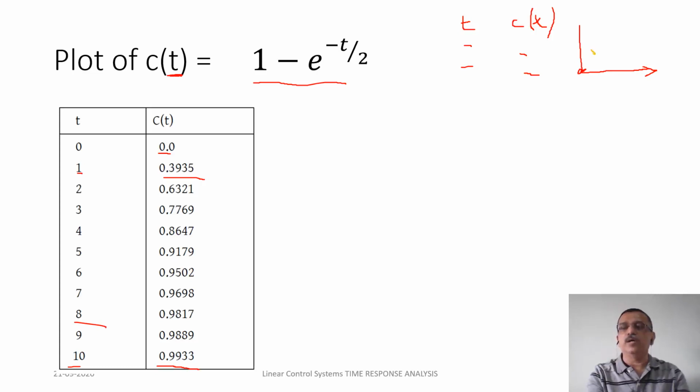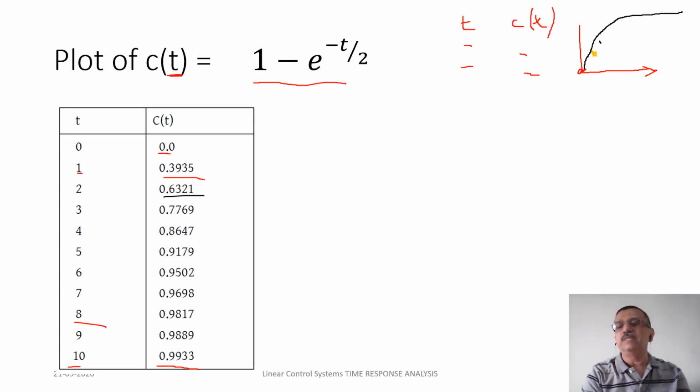Then corresponding to 2, you'll get another number. You put a dot here. Corresponding to 3, you'll get another number. Corresponding to 4, you'll get another number, and so on. And you can join all those points and you'll get a smooth curve.